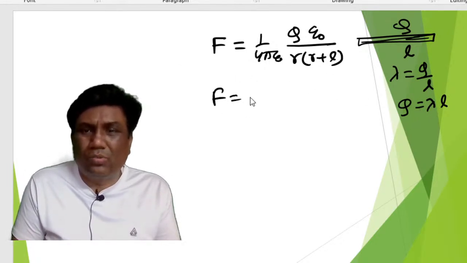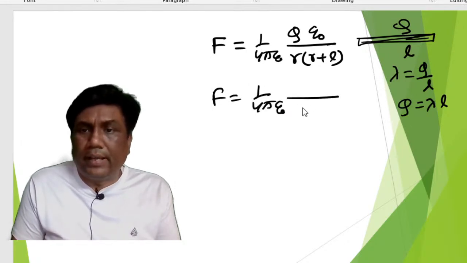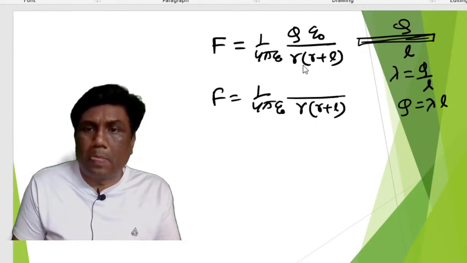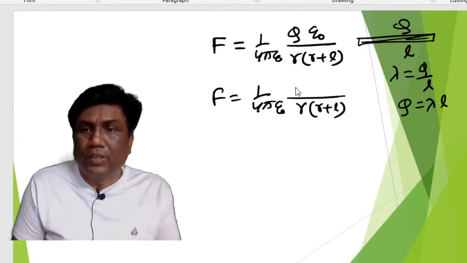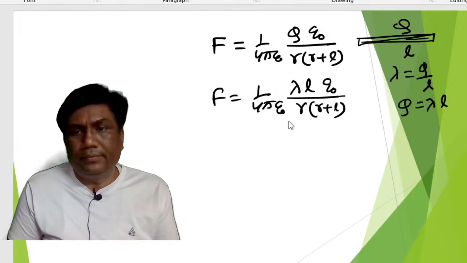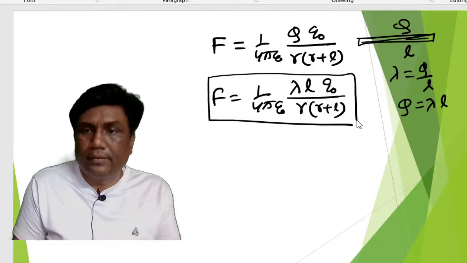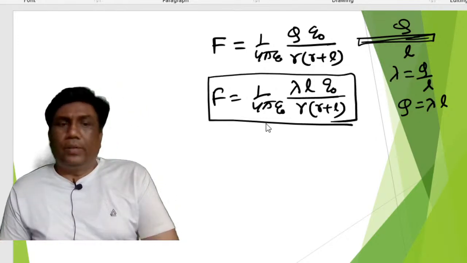We should know that also, because many times in the question it is given like that. So in terms of lambda it will be the same with lambda into L replacing q.